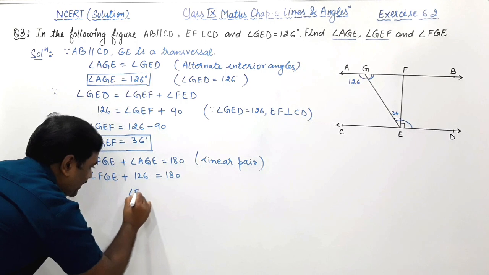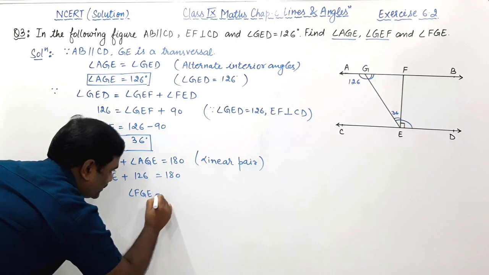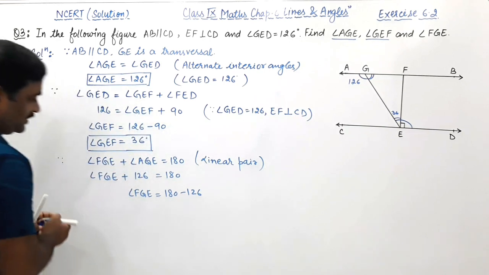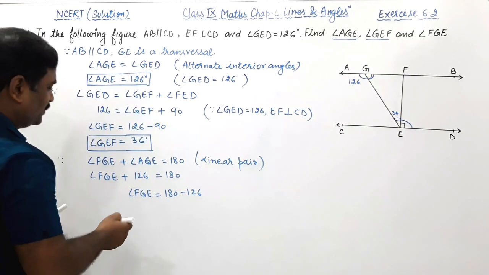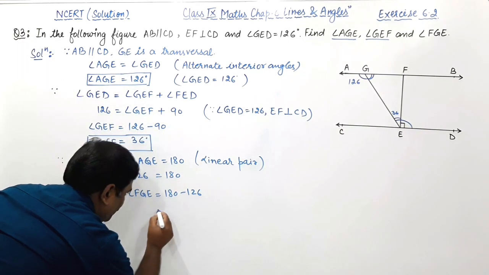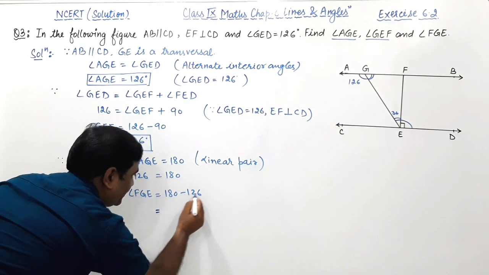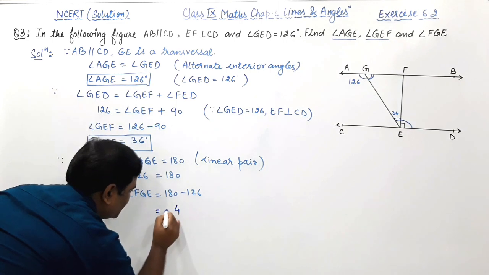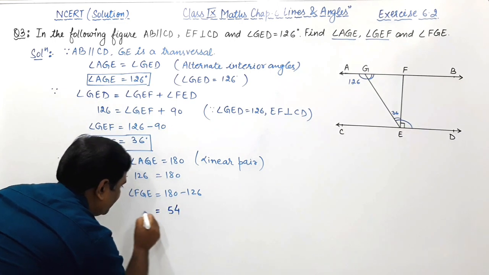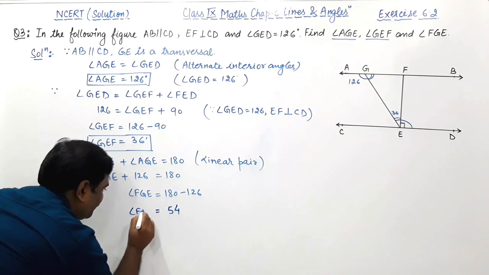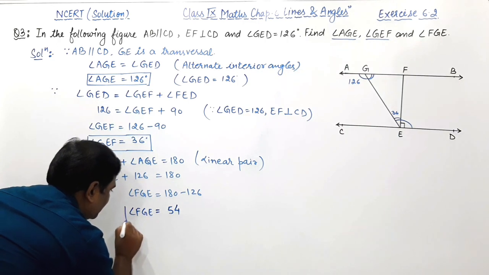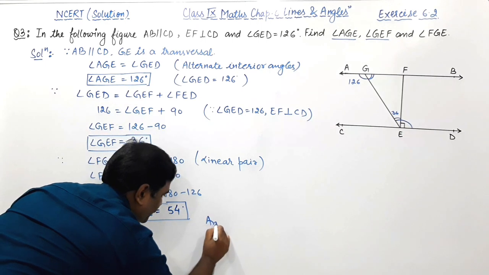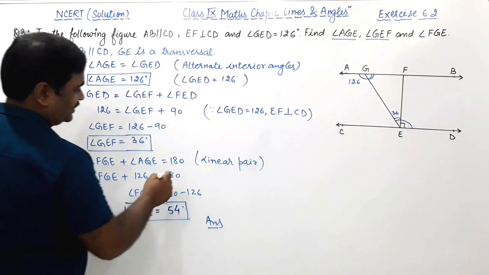So measure angle FGE is equal to 180 minus 126. So we subtract this. We got the value of FGE. 10 minus 6 is 4. 7 minus 2 is 5. 54 degrees, angle FGE. So this is our third answer. Right, students?